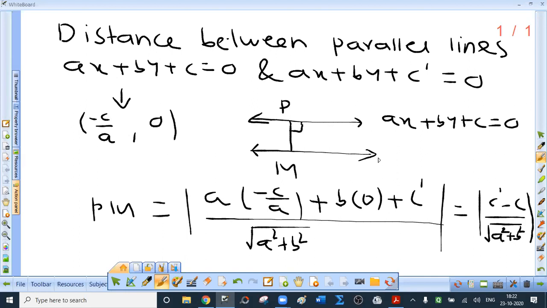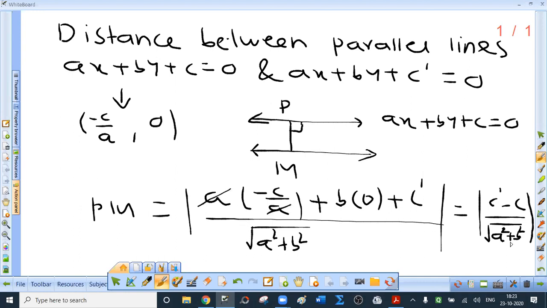We have just proved that formula. It is mod of a x1, where a is a only. What is x1? x1 is the x coordinate of the point from which the perpendicular is drawn, minus c upon a, plus b y1, where y1 is 0, plus the constant term of the line on which the perpendicular is drawn, c', upon root of a square plus b square. Here a gets cancelled.